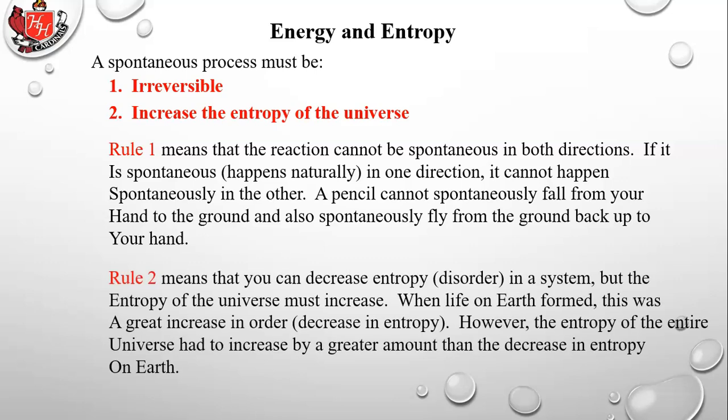And Rule 2 means that you can decrease entropy, disorder, in a system, but the entropy of the universe must increase. When life on Earth formed, this was a great increase in order, that is, a decrease in entropy. However, the entropy of the entire universe had to increase by a greater amount than the decrease in entropy on the Earth.